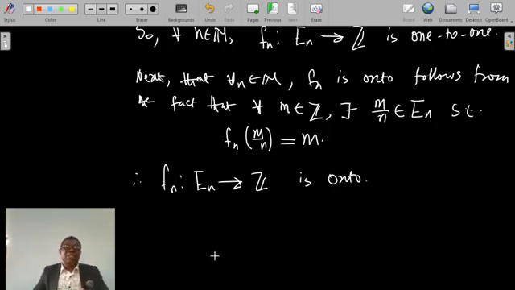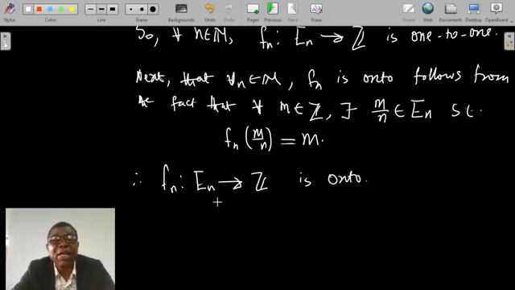So what have we established? What we've established is that Fn is one-to-one and onto. And for this reason, we can conclude that for each n, En is countable because we've established a one-to-one onto correspondence between En and Z. And the countability of En follows from what I explained earlier, that since Z is countable, there is a one-to-one correspondence between Z and the set of natural numbers.